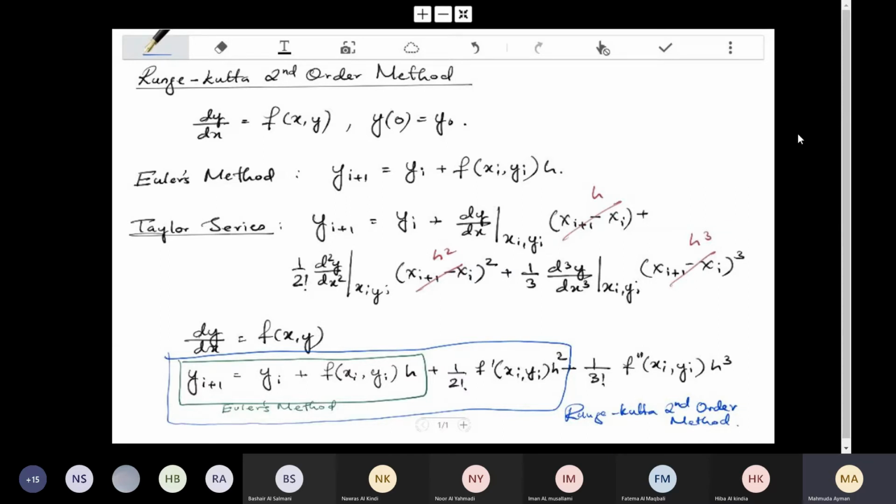So it makes sense that if we want a more accurate result, we can add one more term to Euler's method. And that's why this is called the second order method, because you're adding a second order term, which is d2y by dx squared.